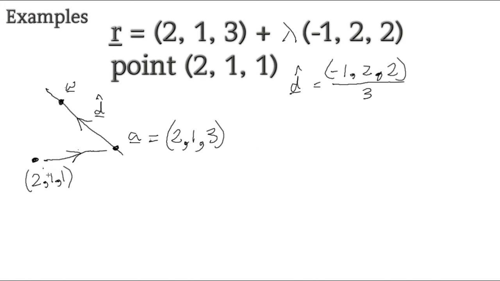So (2, 1, 3) take (2, 1, 1) gives us (0, 0, 2) as our difference. This will be the vector.